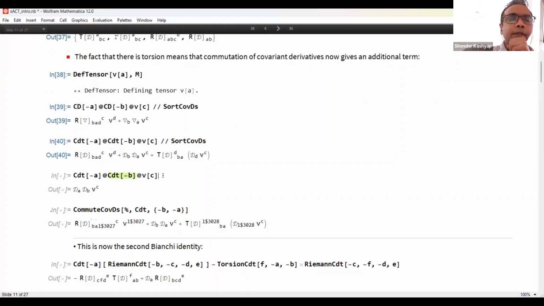There is another way of arriving at the same result, and that is through commuting derivatives. Suppose we define this quantity curly dA, curly dB, VC. Then in this expression, we say commute the covariant derivatives, that is, instead of order AB, keep the order BA. If we do that, we once again get the same expression.